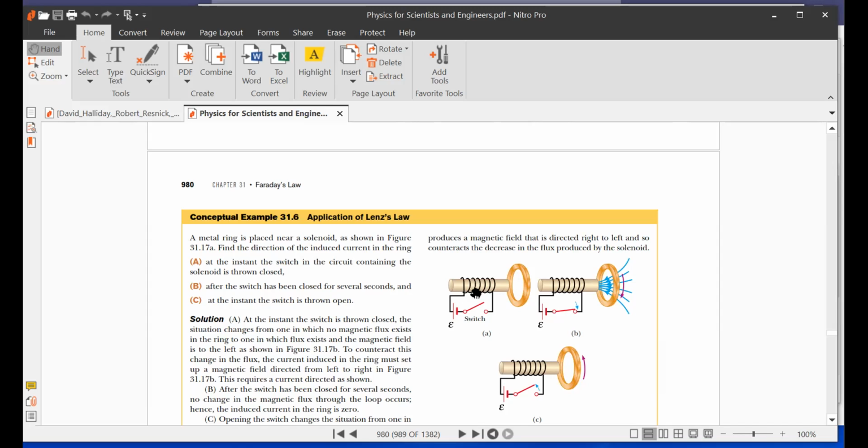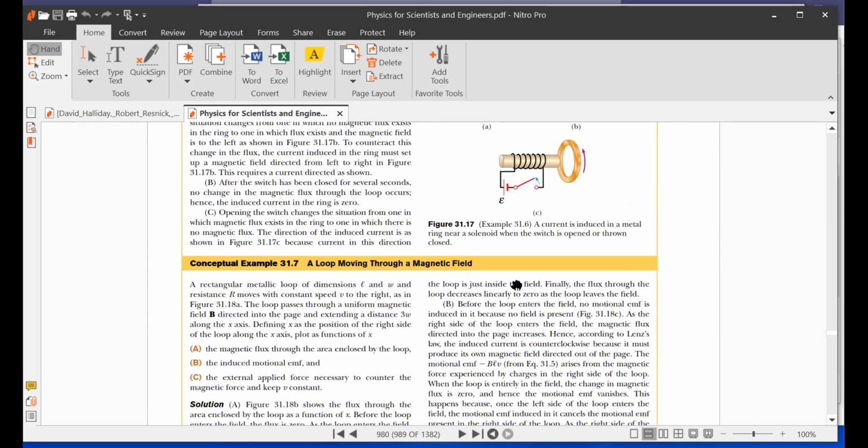The magnetic field also depends on time as we switch off, on, off, on, off, on. It's varying with respect to time, so we have the flux also depending on time.